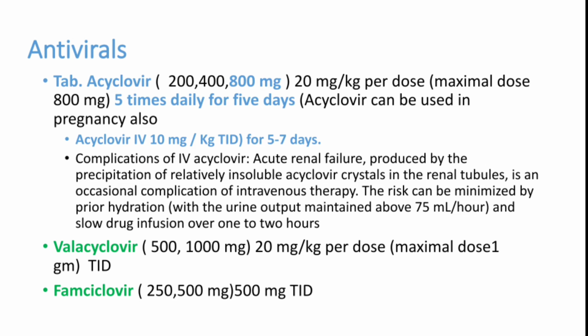Maximum dose is 1 gram TID. That is a routine adult dose. Famciclovir is another drug, 500 milligram TID can be given. So acyclovir 800 milligram 5 times, valacyclovir 1 gram TID, famciclovir 500 milligram TID. All these drugs can be used for 5 days as an antiviral in chickenpox.